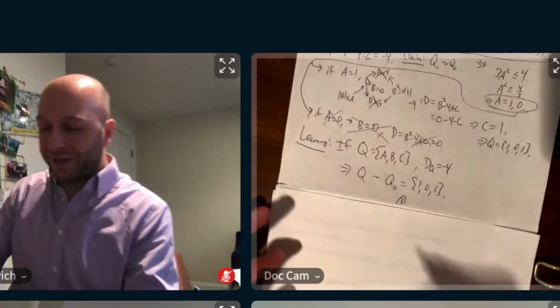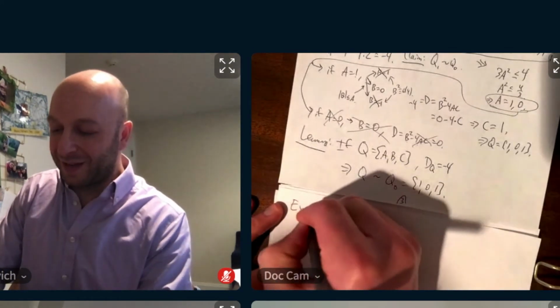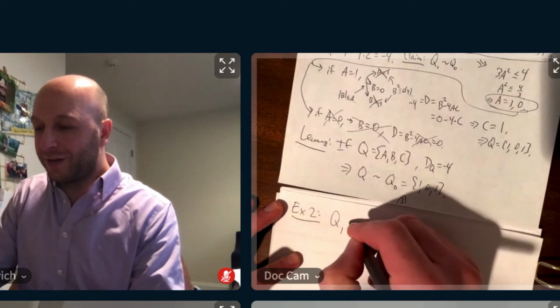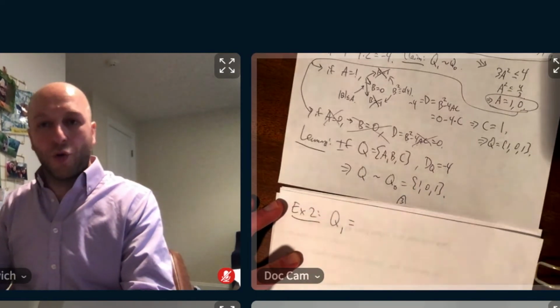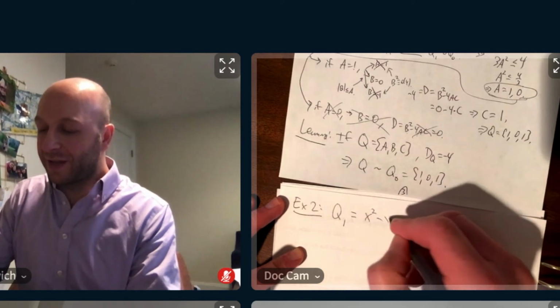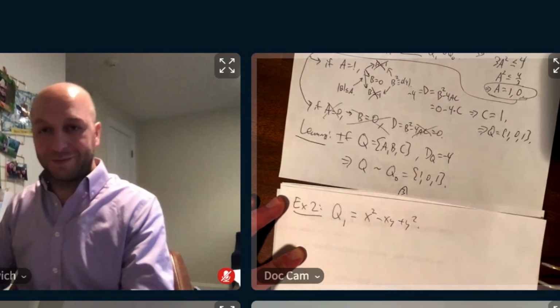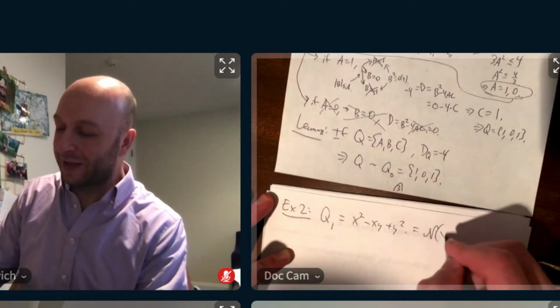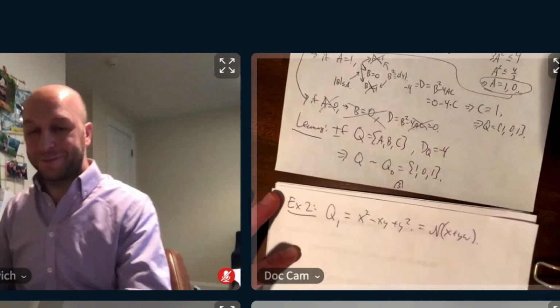Okay, so here's another example. Example 2. What was our other quadratic form? Let's call this Q1. The norm form for the Eisenstein integers, right? X squared minus xy plus y squared. This is the norm of x plus omega y.